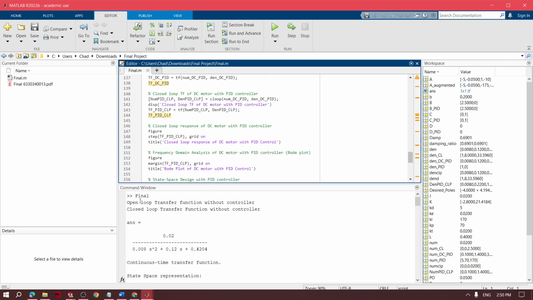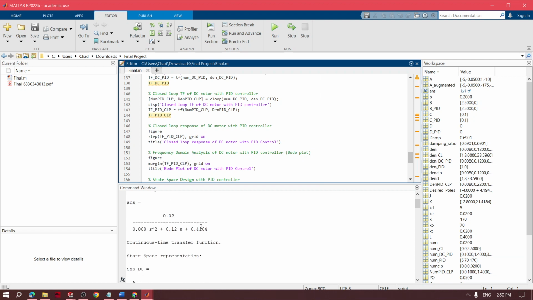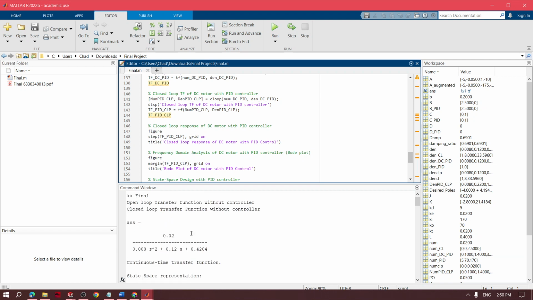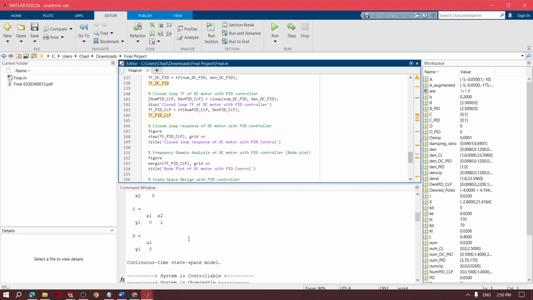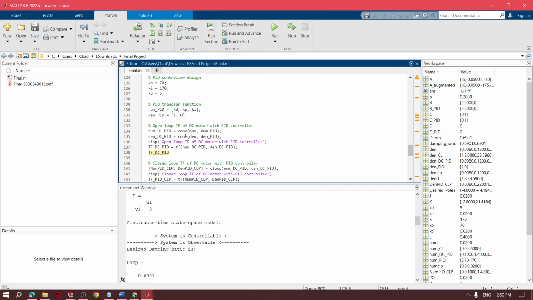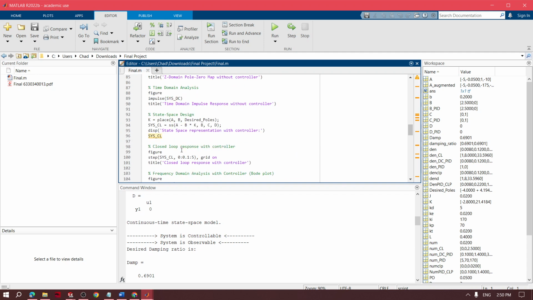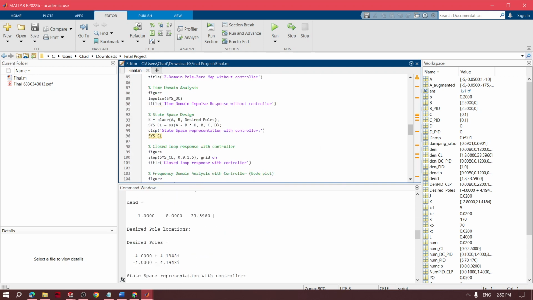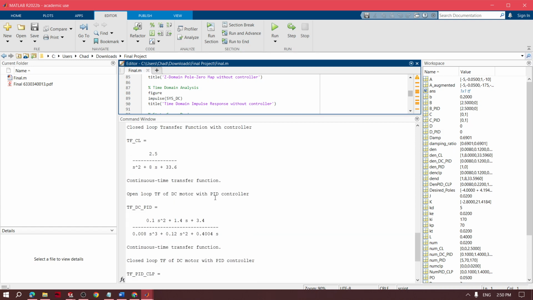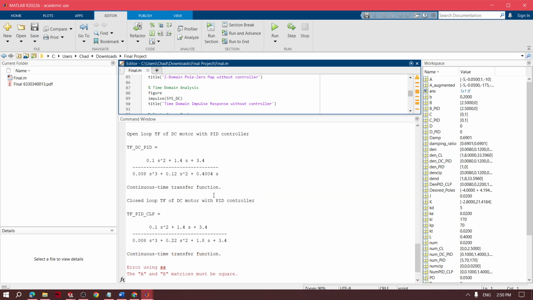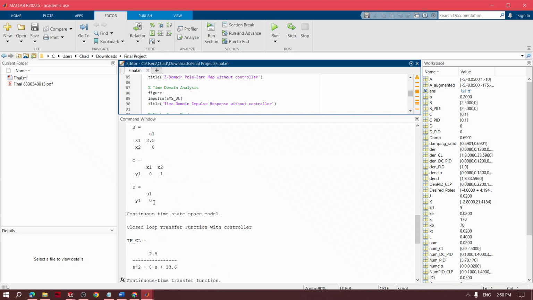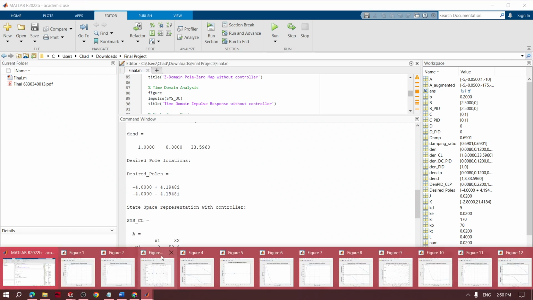As you can see in the command window, it shows all the answers. You can see here the code written and the results. So this is it, and I will show you the figures of the results.